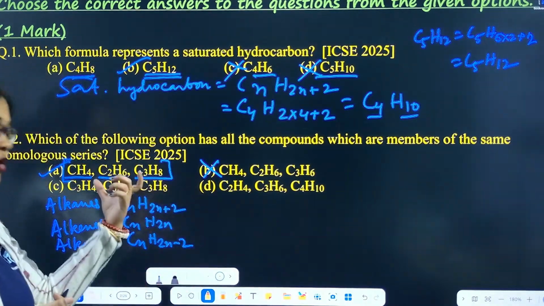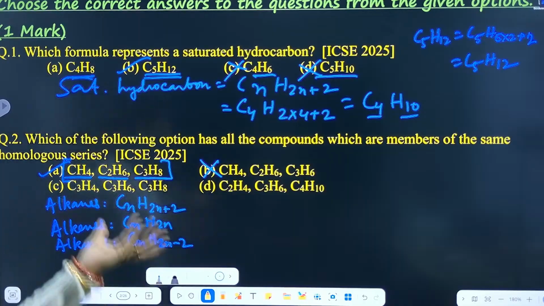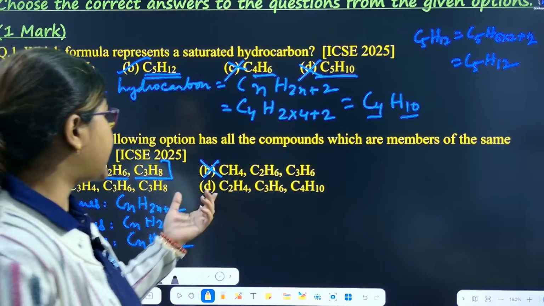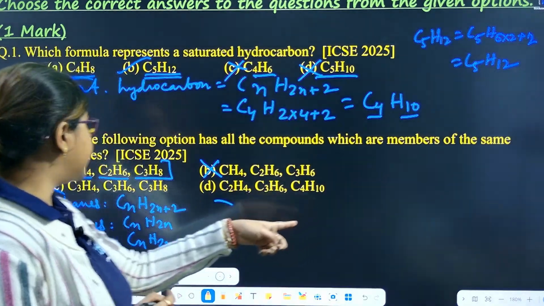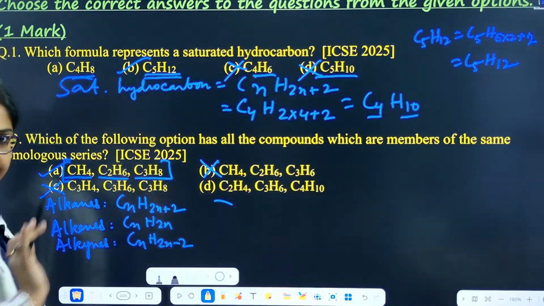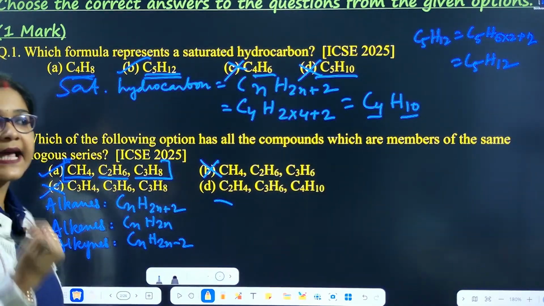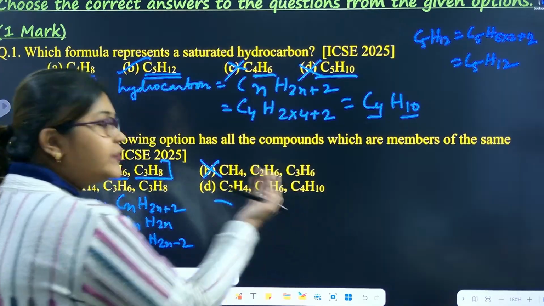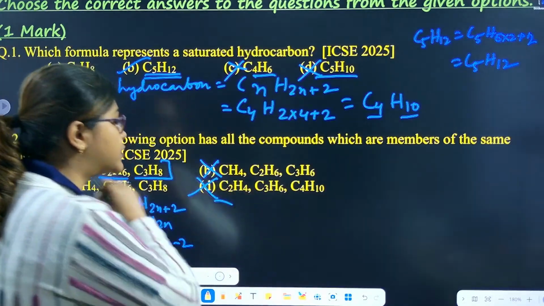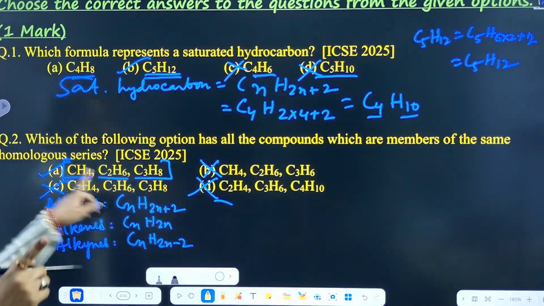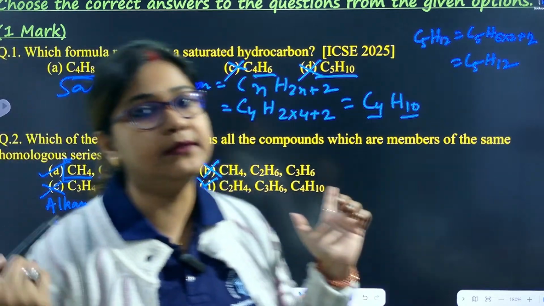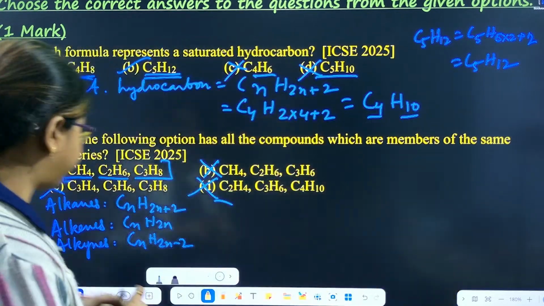If you fit in the formula, you will see that they are also not in the same homologous series. The next is C2H4, C3H6 and C4H10. If you do it in the same formulas of alkanes, alkenes, alkynes, you will see that some of the members are not fitting in the same homologous series. So this is also not the correct option. The correct option is the first one, where the three members lie in the alkane series.